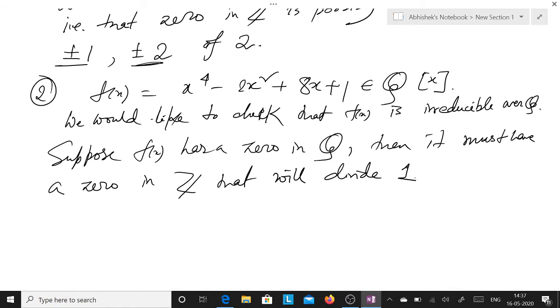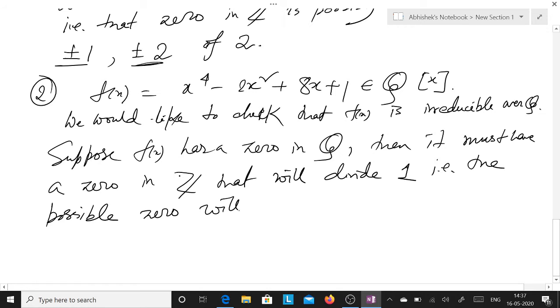And which indicates that the possible integer zeros will be one of the divisors. Either it is 1 or -1.